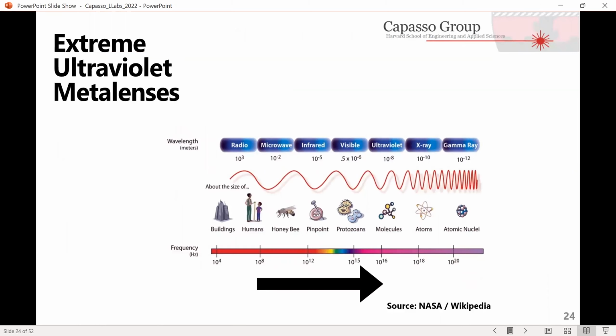This is the latest thing, which is unpublished work, where we decided to see how short we can push the wavelengths, and whether we can go to the XUV. Of course, there are interesting applications for XUV, such as lithography, but for that you have to make pretty large lenses. So we are really motivated here by the science, okay?